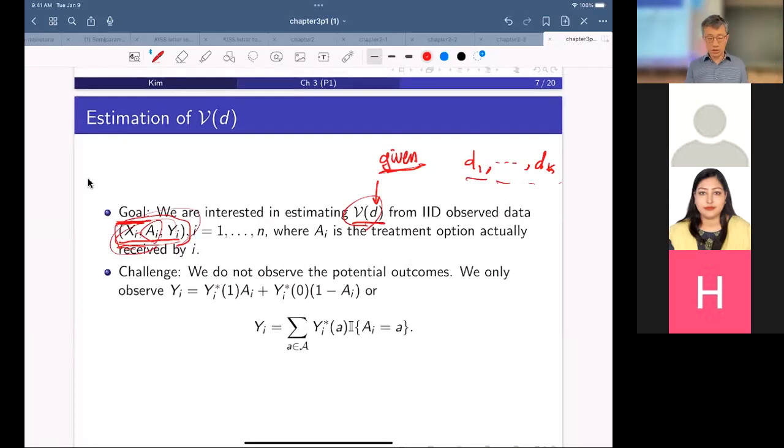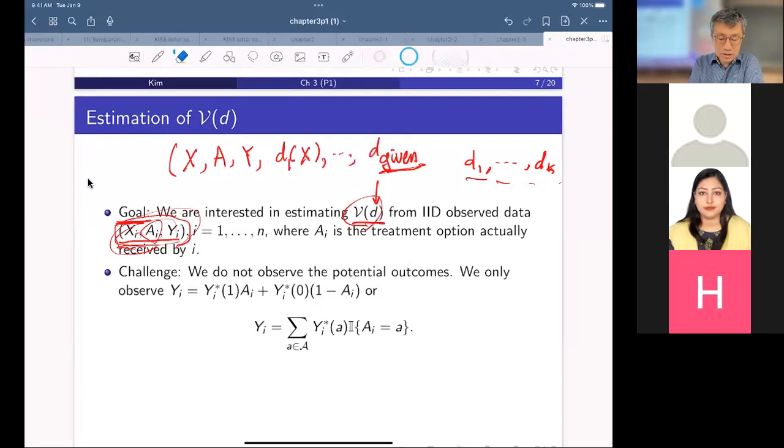So the problem is basically, in addition to this, I can compute... as long as I know the D, as long as I know the mapping, I can actually construct pseudo outcome, my prescription.